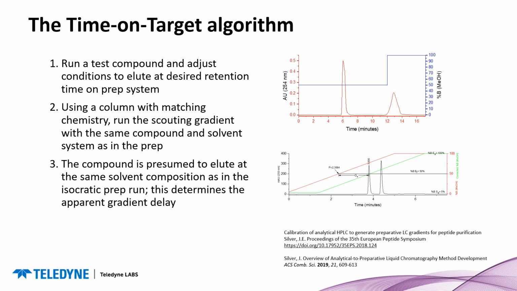The retention time of the model compound in this gradient is deemed to have the same solvent composition used for the isocratic method on the preparative system. The scouting gradient is apparently delayed by a certain amount of time, the apparent gradient delay. For SFC, we set the retention time to about 3.5 minutes rather than 6 minutes.